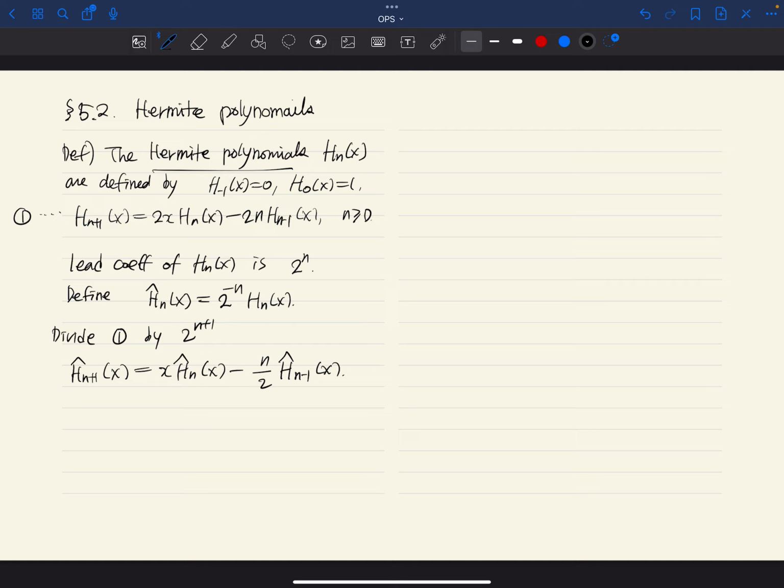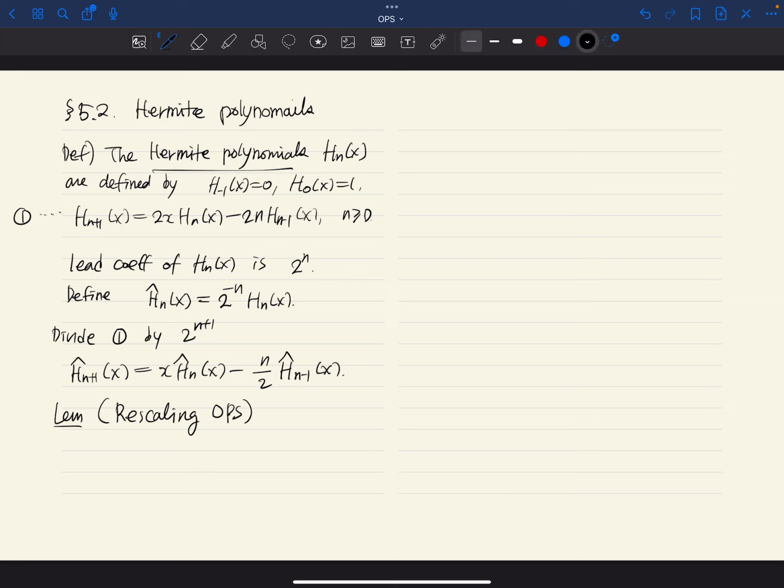Let me give you a lemma, on rescaling OPS. The fact is, this kind of constant in the denominator can always be scaled away.